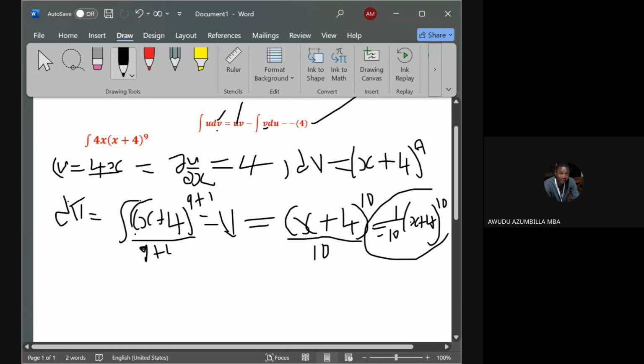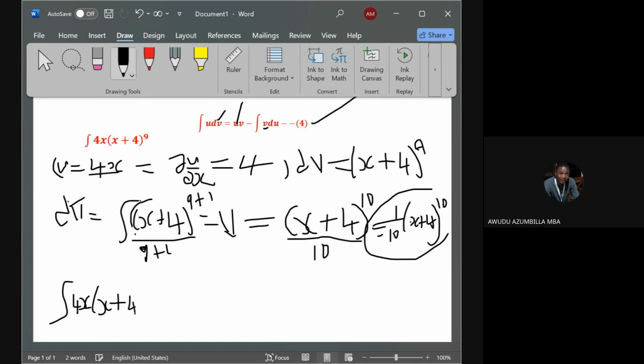This one is the same as the function. So we are going to get the integral of 4x, then x plus 4 raised to the power 9. Okay, so we are now integrating this.